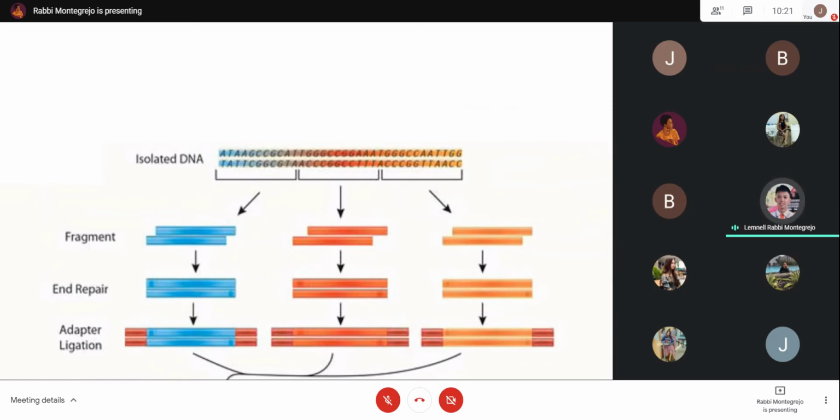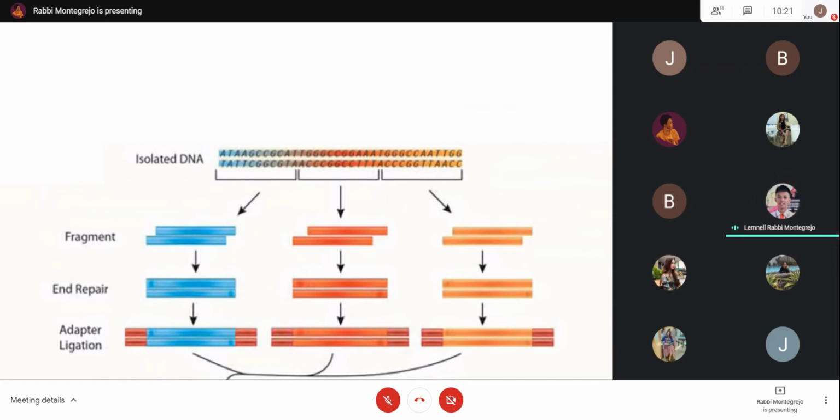Now this fragmentation results in uneven fragments. So as you can see, dili siya even, there are blunt, dili siya gatupong ang iyahang end sa mga fragments.